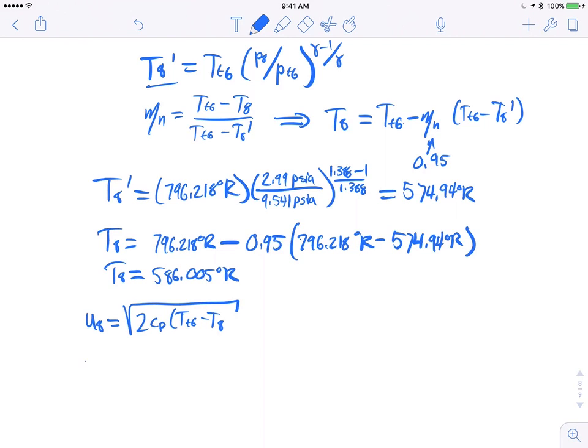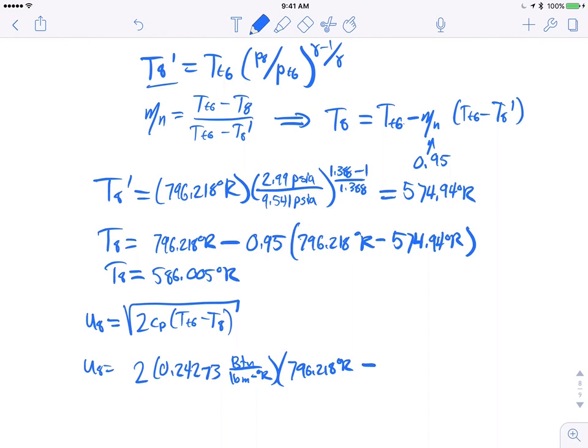If we put in, again, our numbers, we're going to have 2 times the specific heat based on TT6, so it will be 0.24273 BTUs per pound mass degrees Rankine, times our temperature difference of TT6, which is 796.218 degrees Rankine, minus our static temperature we just calculated, 586.005 degrees Rankine.